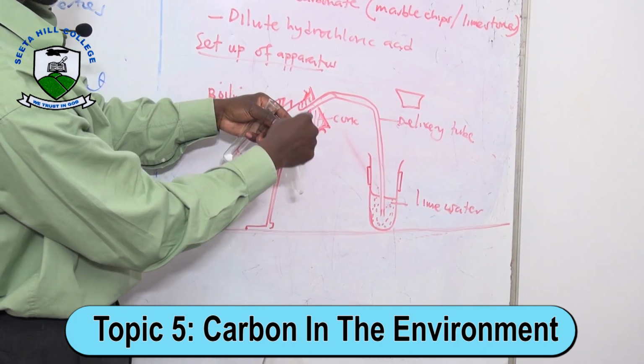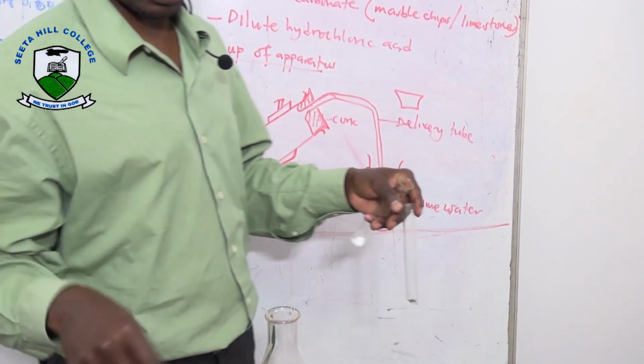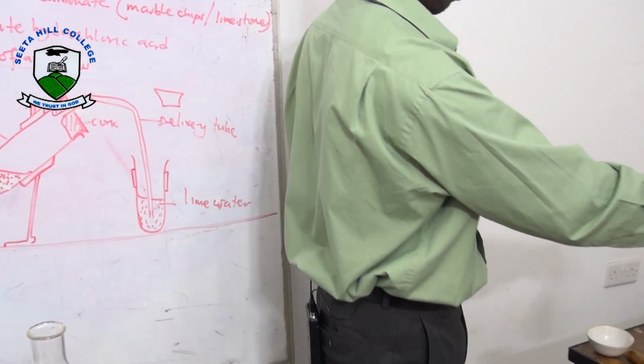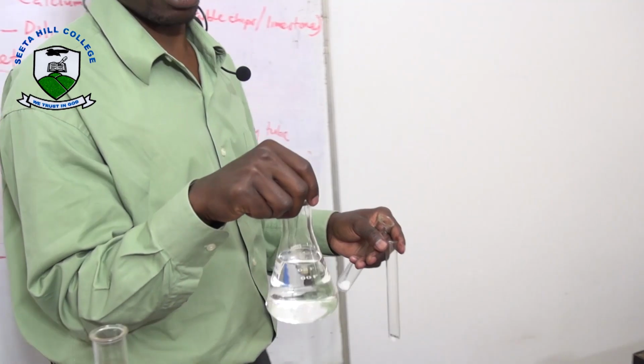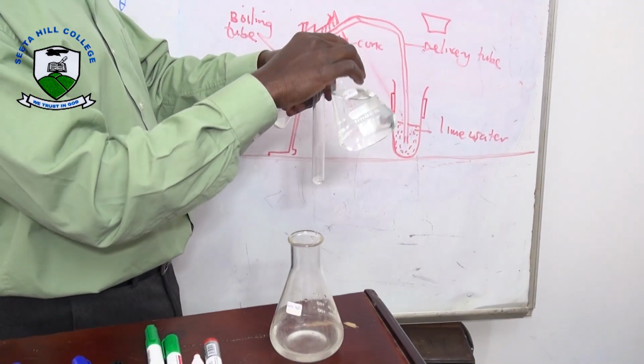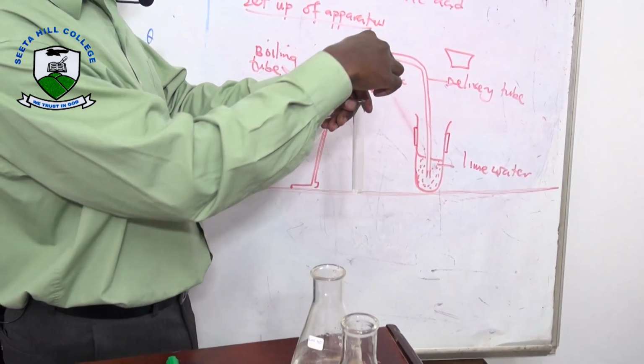Then inside here we first remove the cork, pour in any acid called dilute hydrochloric acid. We first pour dilute hydrochloric acid here and close with the cork very fast.